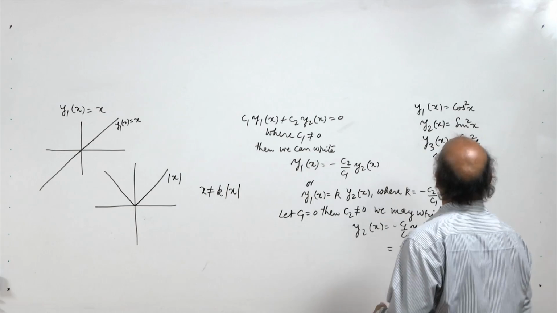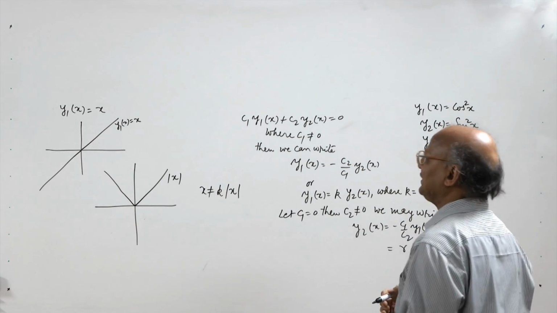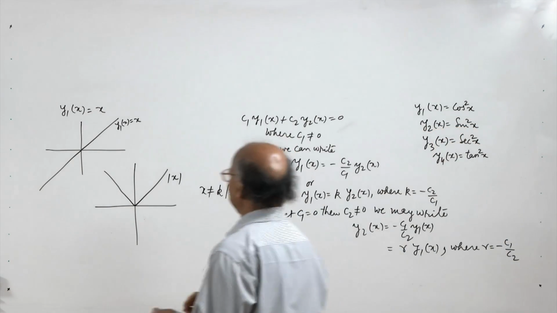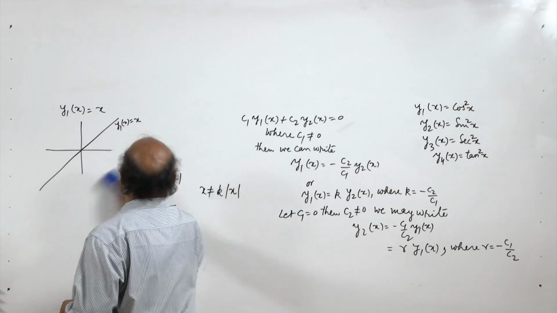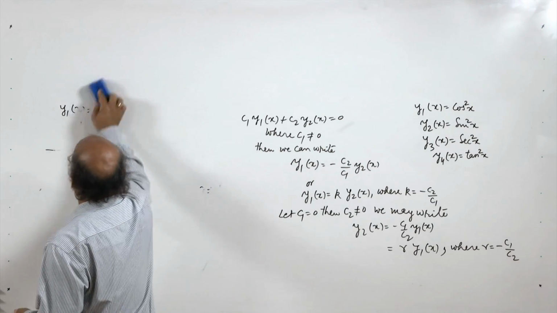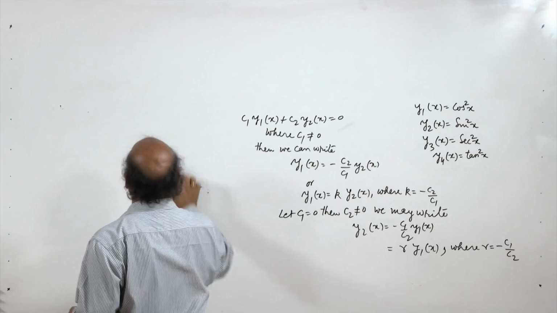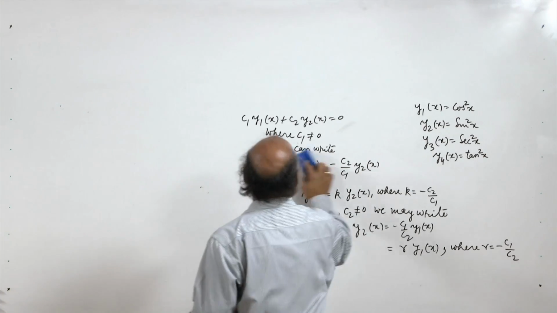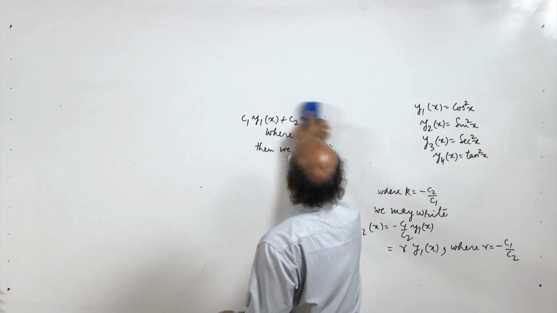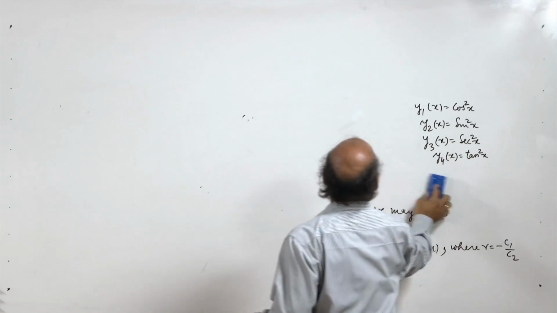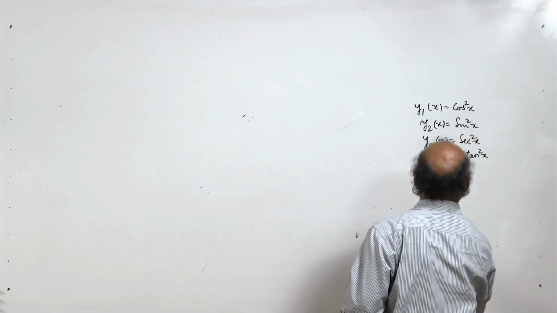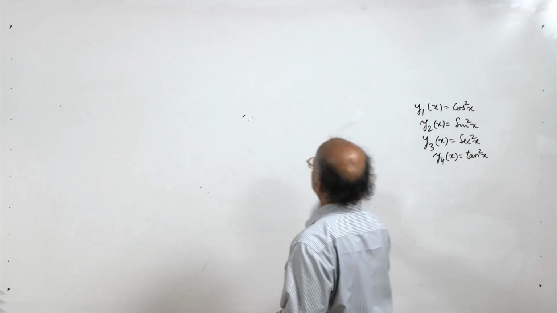We have to show that they are linearly dependent on the interval minus pi by 2 to pi by 2. So what we do is find constants C1, C2, C3, C4, not all 0, such that C1 y1 plus C2 y2 plus C3 y3 plus C4 y4 is equal to 0.